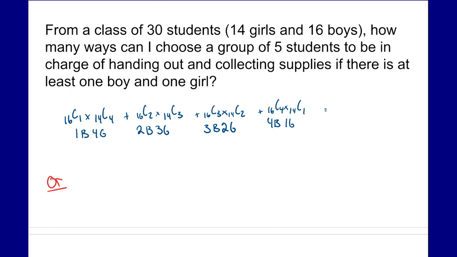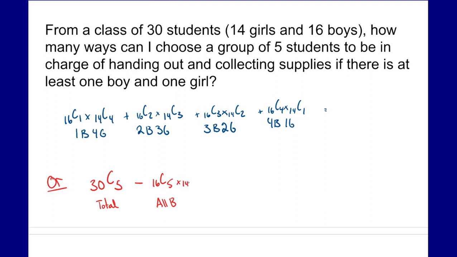What we're doing in general is taking 30 students and choosing 5 of them. So that's our total. And we're going to subtract from the total the opposite case. If we're looking for at least one boy and one girl, then the opposite case is all boys. So we have 16 choose 5. We could say times 14 choose 0, but that's not really going to matter.